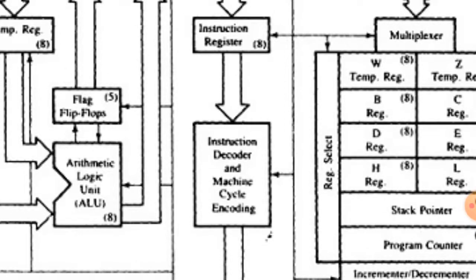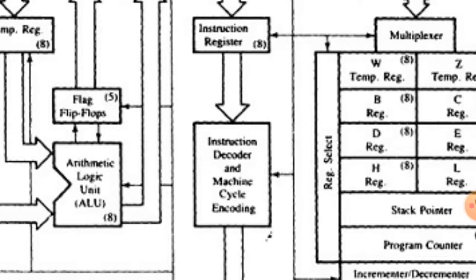When a particular instruction has to be fetched from memory, it has to be stored in this instruction register. Whatever instruction is fetched from the memory of the microprocessor is stored here. The instruction decoder decodes the information present in the instruction register.